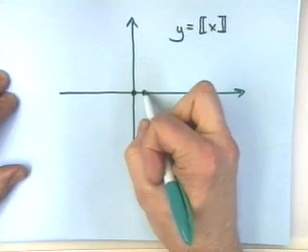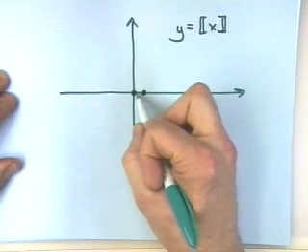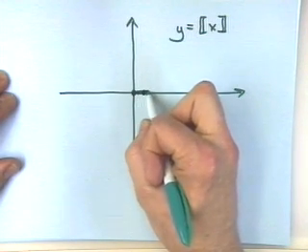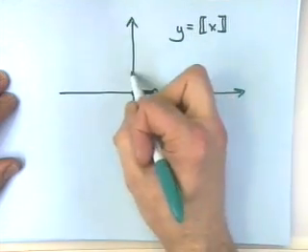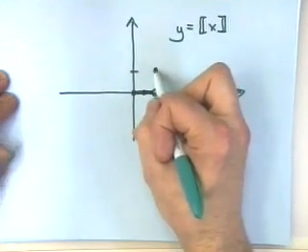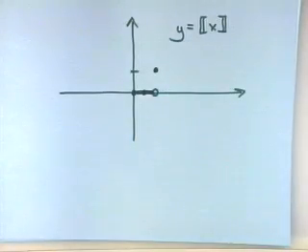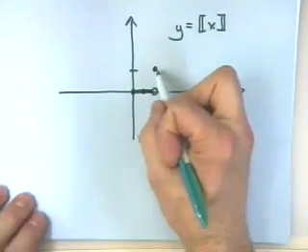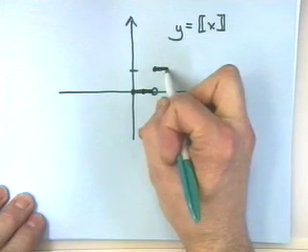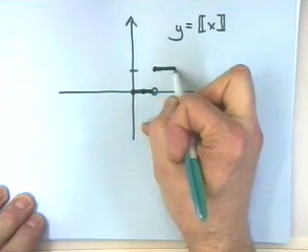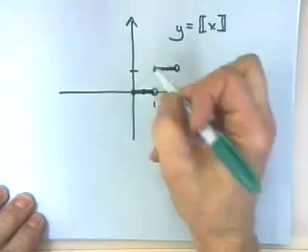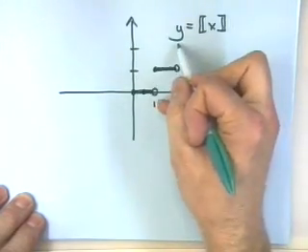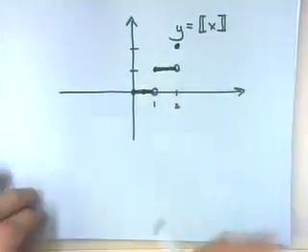The greatest integer of all these numbers in here is 0 until we get to 1. And the greatest integer in 1 is 1, right? 1.1, 1.2, 1.7, 1.8, all the way till we get to 2. And the greatest integer in 2 is itself.